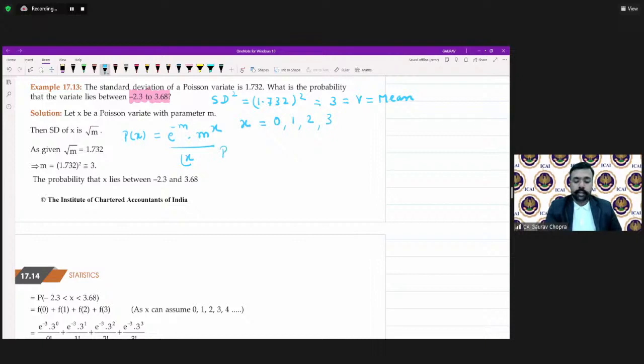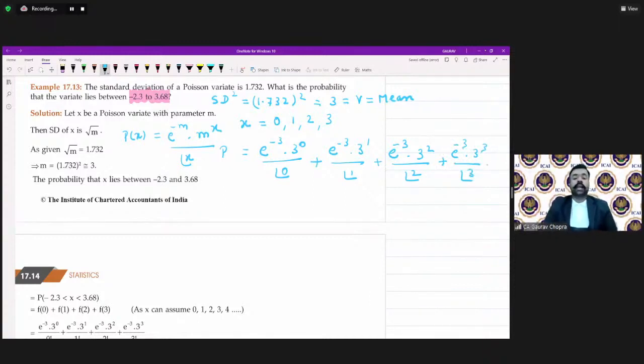Probability is equal to e to the power of -3, 3 to the power 0 upon factorial 0, plus e to the power of -3, 3 to the power of 1 upon factorial 1, plus e to the power of -3, 3 to the power of 2 upon factorial 2, and one more.